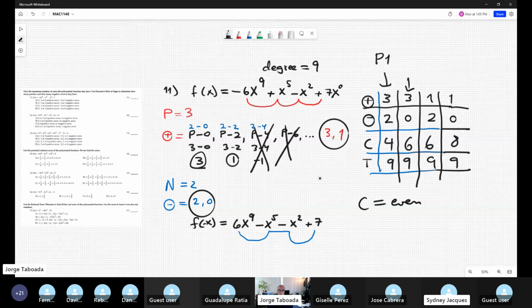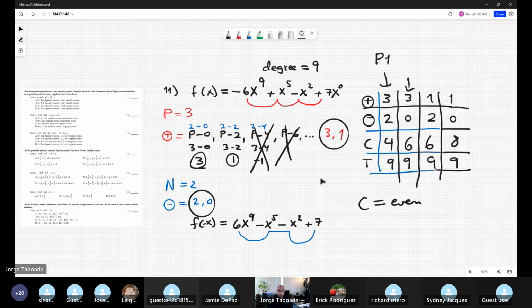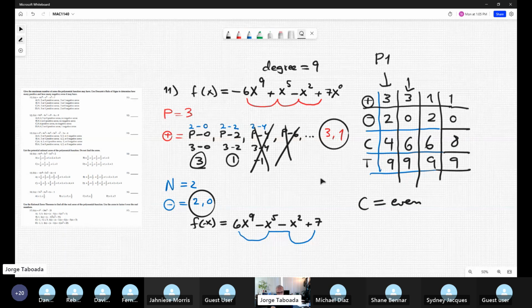So that's the first row. I don't know exactly, I need to investigate more. How do you investigate? Using the rational zero theorem, and after that I am doing several synthetic divisions.